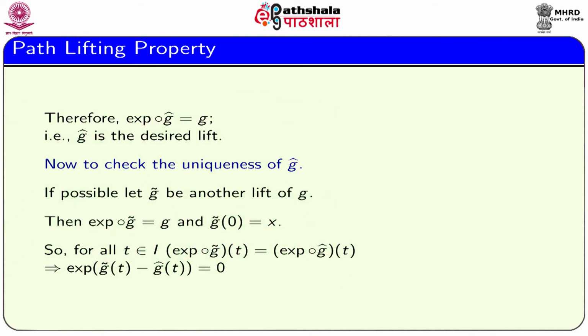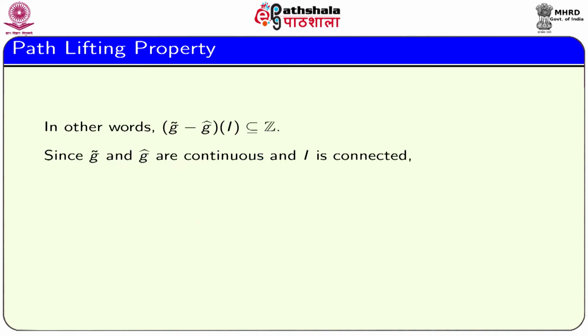That is, exponential of g tilde t minus g cap t will be equal to 1, so that by the property of the exponential map as discussed earlier, g tilde t minus g cap t will be an integer. In other words, since both are continuous functions, the difference g tilde minus g cap is again a continuous function, and will take the closed interval I totally inside the set of integers Z.